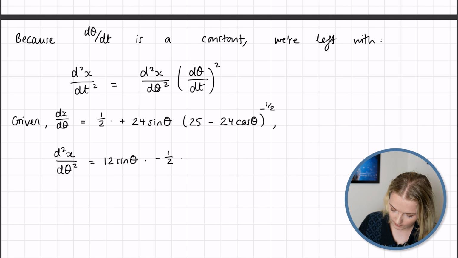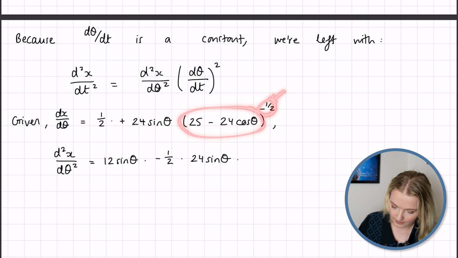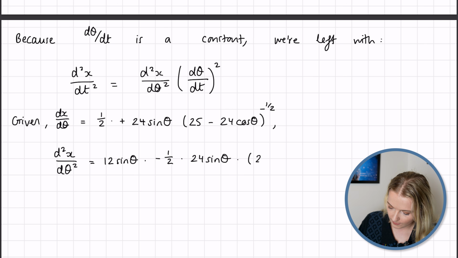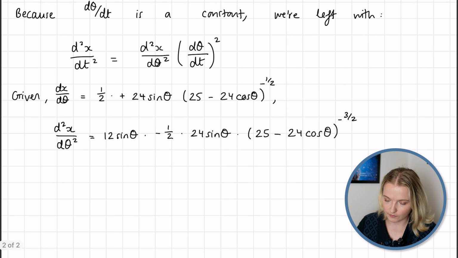So this would be all multiplied by 24 sine theta. And then all of that would be multiplied by this, but we drop the power in here. So that would be all multiplied by 25 minus 24 cosine theta to the power of minus 3/2. And we'll tidy this up in just a moment.